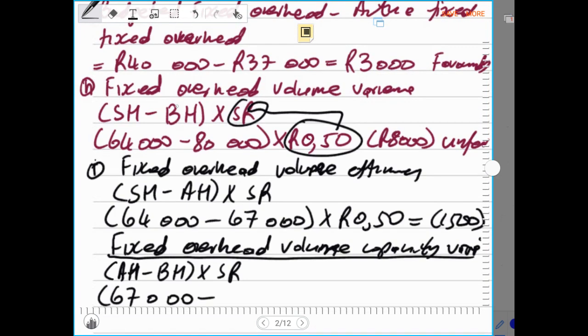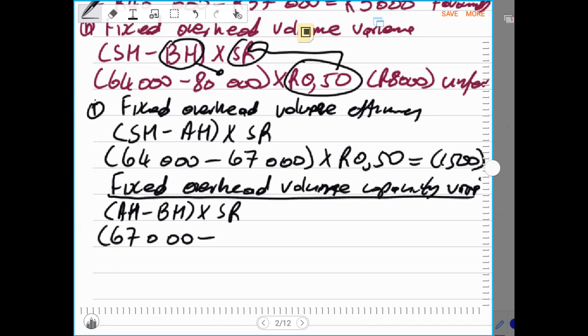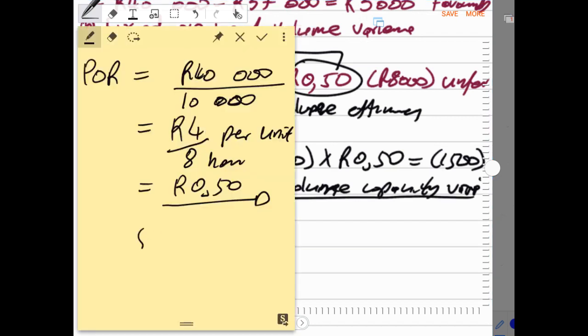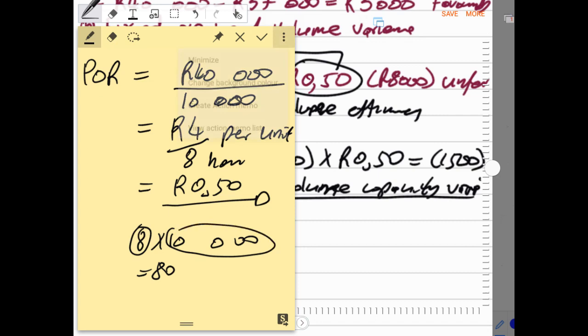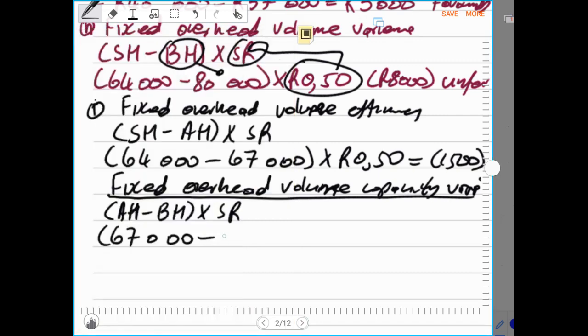Our budgeted hours was 80,000 hours. Remember that budget was based on the budgeted information, where we said 10,000 units times 8 hours, and that gave us 80,000. This was standard hours, and this was budgeted units. We multiply those two, and that gave us 80,000. That's where the 80,000 came from. Please just refresh on that.